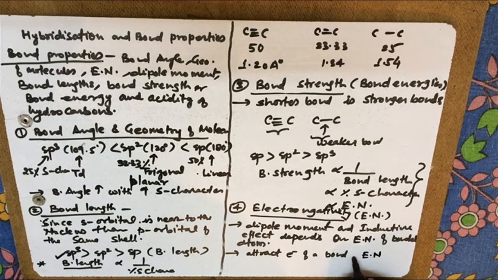Okay, so electronegativity order: sp is higher than sp2, higher than sp3. So this is the order of electronegativity. Okay, so these are the simpler things you should always keep in your minds.